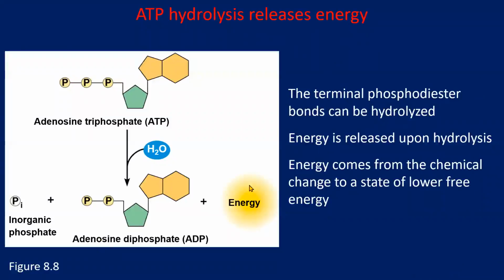So energy comes from the chemical change to a state of lower free energy. Basically, the idea over here is ATP is being hydrolyzed, and with that hydrolysis one gets the energy.